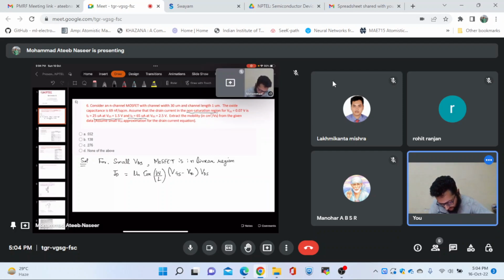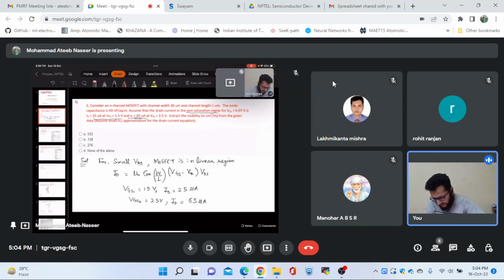Here we have two VGS. One VGS is 1.5 volts, and for that ID is equal to 25 microamperes, and the other VGS, which is VGS2, is 2.5 volts, and for that the ID is given to be equal to 65 microamperes.